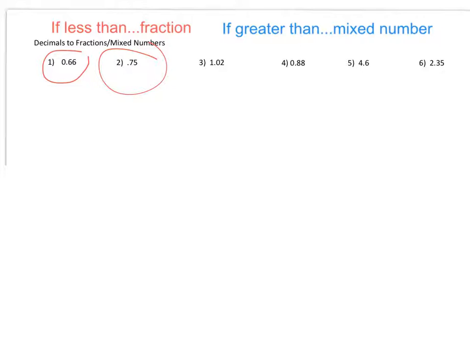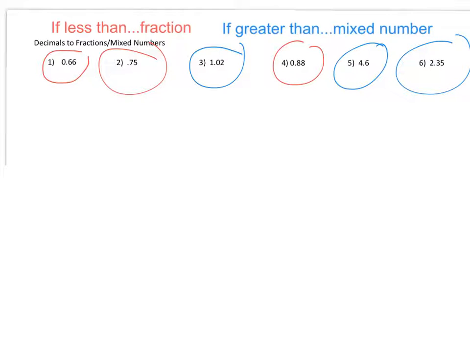Number 3 is 1 and 2 hundredths. Because it's 1 or greater, I know it's going to be a mixed number, so I circled that one blue. The next one is less than, the next one is greater, and the last one is going to be greater than. So I can see that I have 3 of these that I'm going to write as fractions and 3 of them that I'm going to write as mixed numbers.